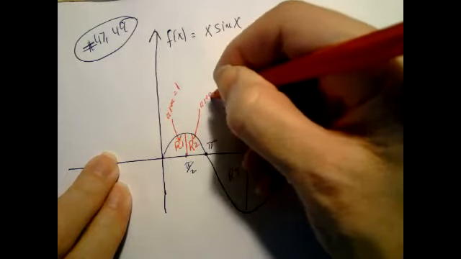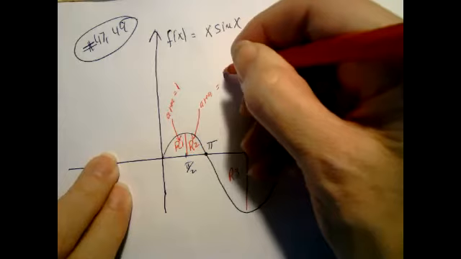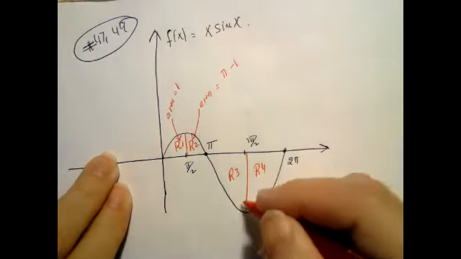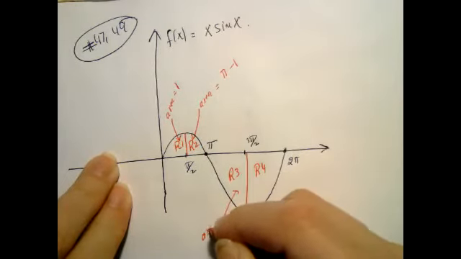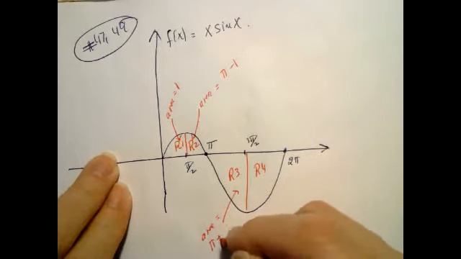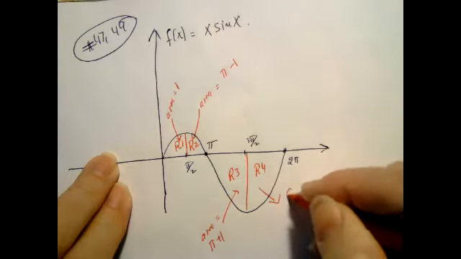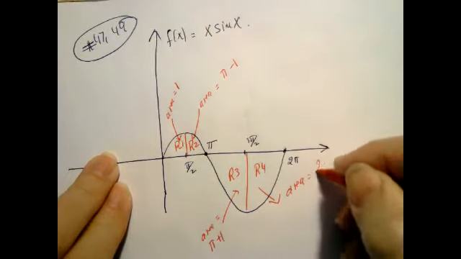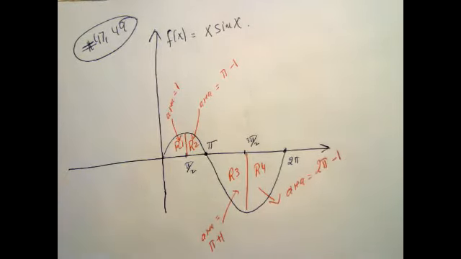The area here is pi minus 1. This area is pi plus 1. And finally, this area is 2 pi minus 1. Okay, so that's the picture we have.